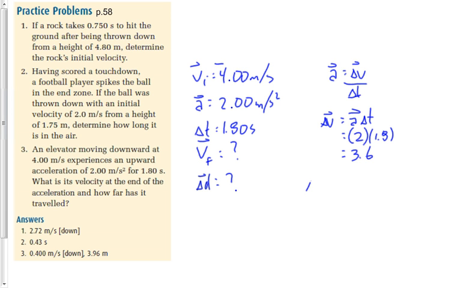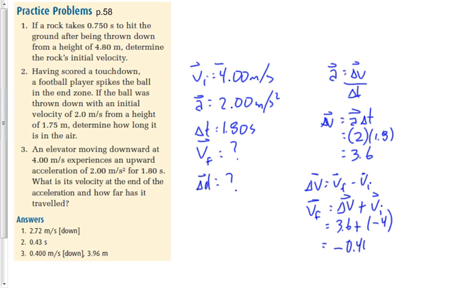Now, delta V is also equal to VF minus VI. We're looking for VF. Take the VI over by adding. It becomes delta V plus VI. In other words, it's 3.6 plus -4, which gives me a final velocity of -0.40 meters per second, or 0.40 meters per second downward.